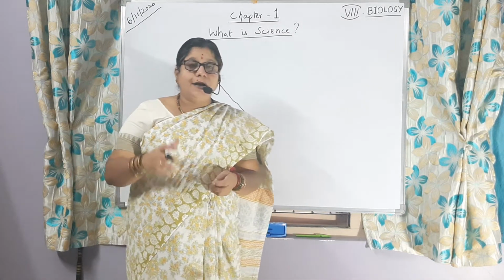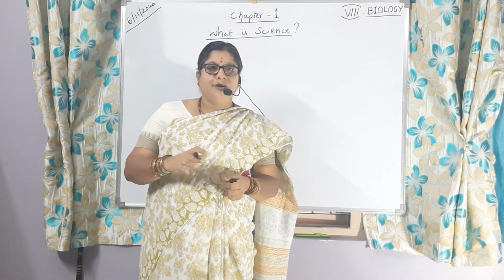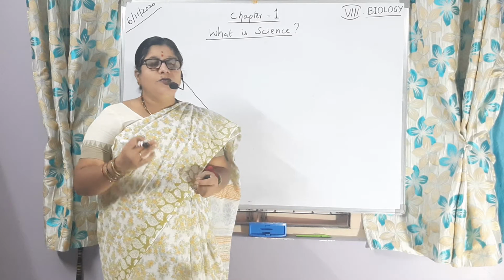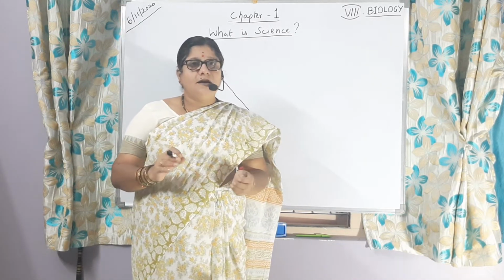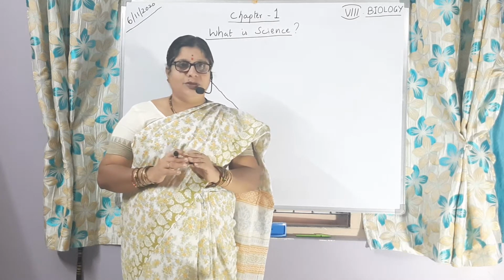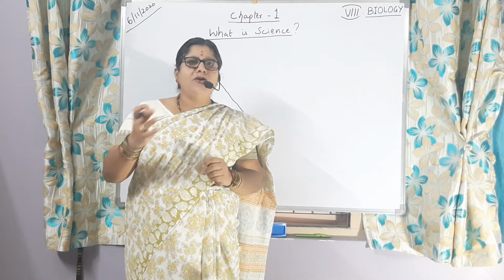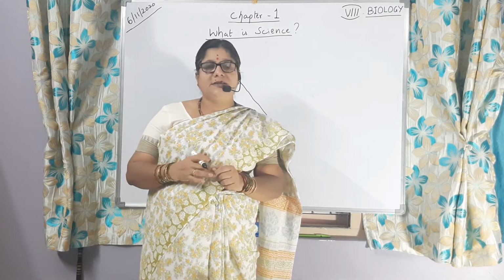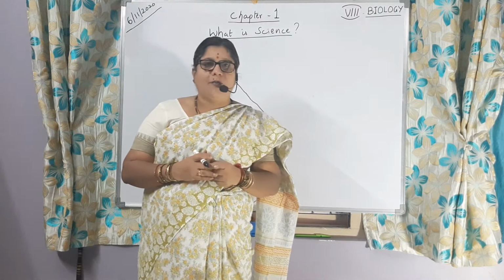So if we read and know the meaning and the new vocabulary, then we understand. For example, photosynthesis. You are reading that word. What is that? Plants prepare food by the process called photosynthesis. If you don't know the meaning of the word photosynthesis, then it is difficult to understand the concept of that particular topic.